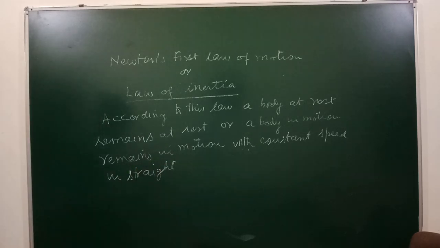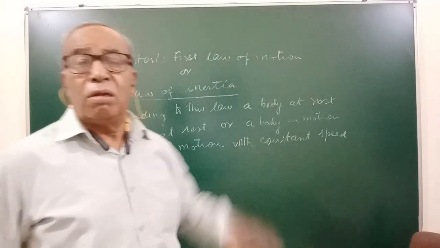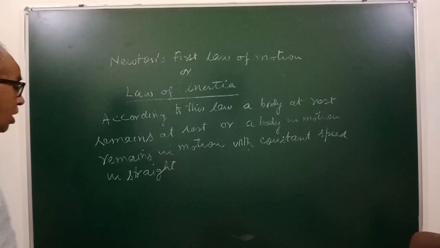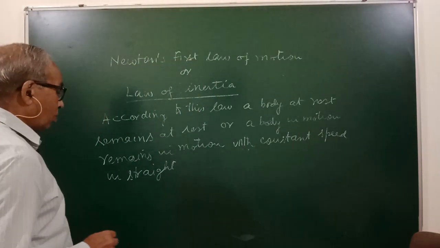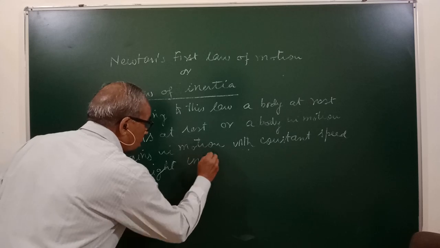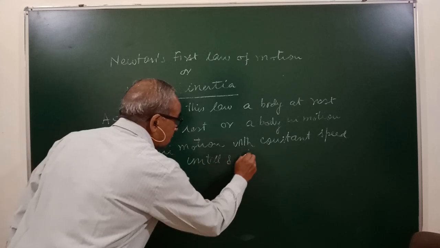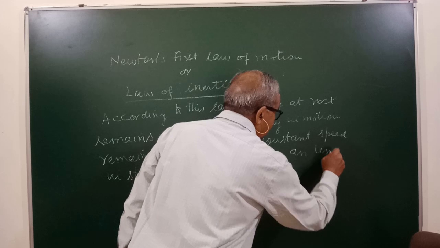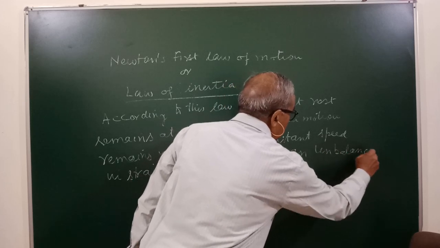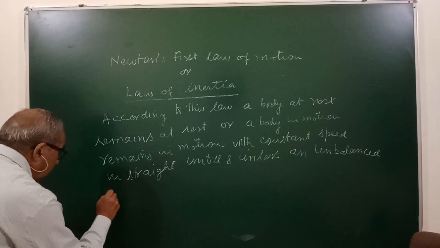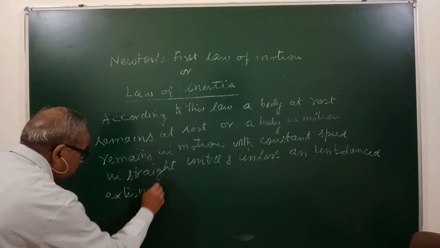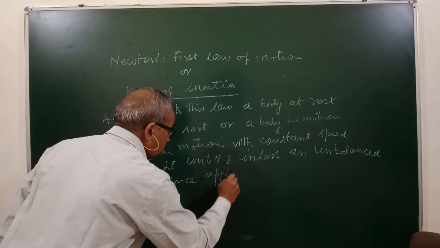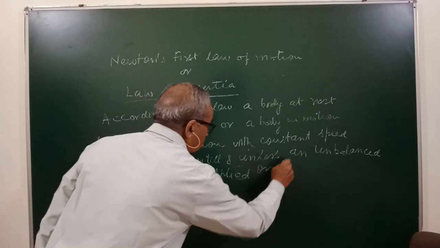In a straight line means continue to move in the same direction with constant speed. And constant speed in a straight line means constant velocity, until and unless an unbalanced external force is applied on the body.